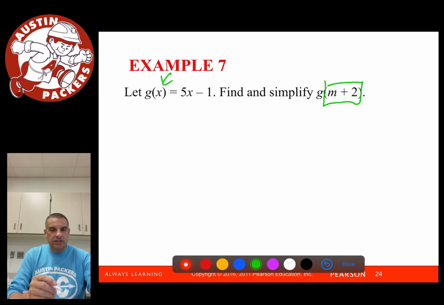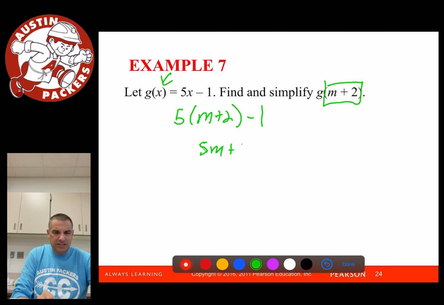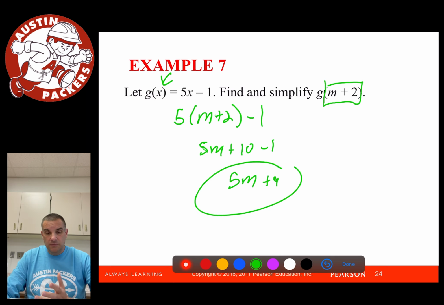So I look at my original function, and anywhere I see an x, I'm going to replace it with m plus 2. Make sure you write the rest of the stuff out, and if you have to simplify, that's 5m plus 10 minus 1, so that's 5m plus 9, and you're done. You've simplified it. It can't be simplified any more than that.